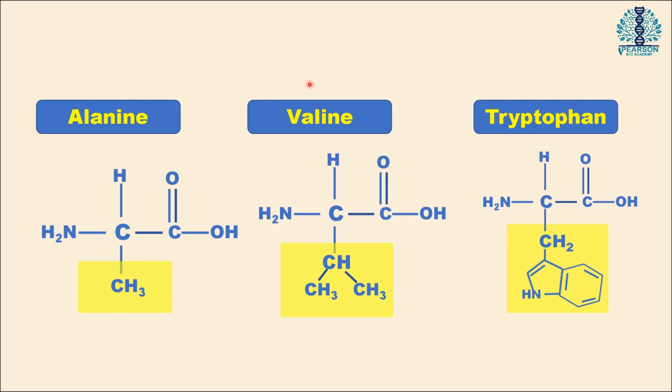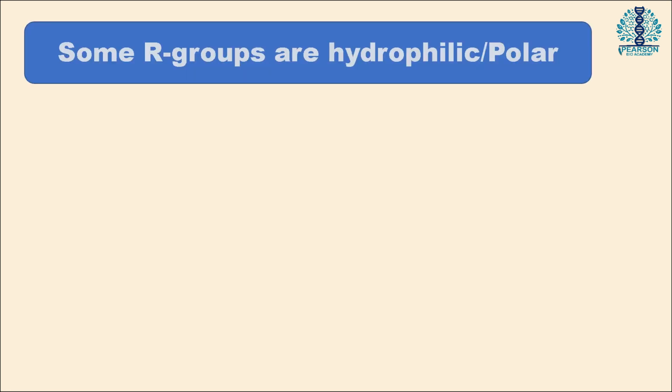Understanding these characteristics is essential because the hydrophobicity of these R groups plays a significant role in protein structure and function. The next important property is that some R groups are hydrophilic or polar, which is the opposite of the previous ones we discussed.